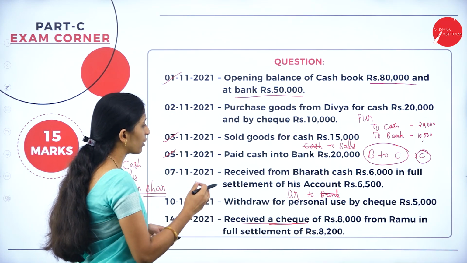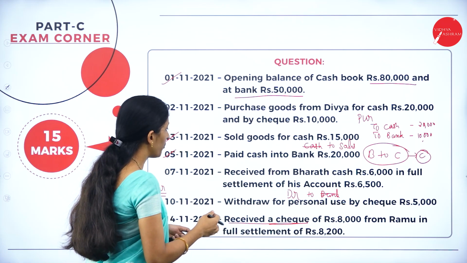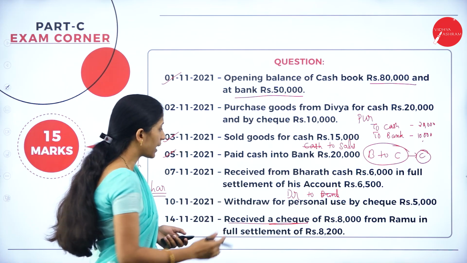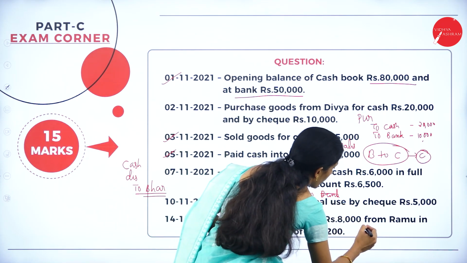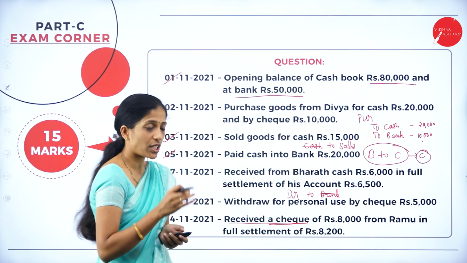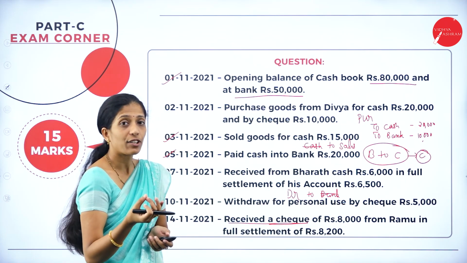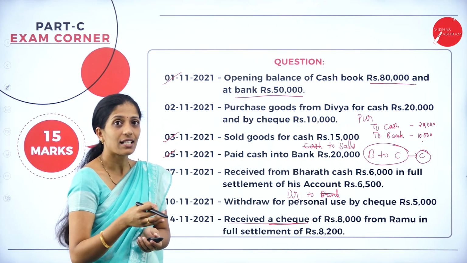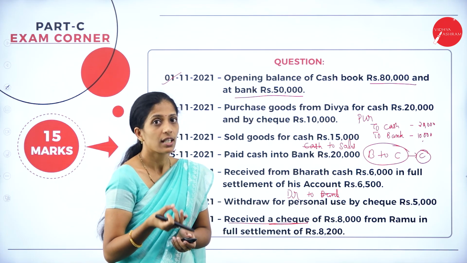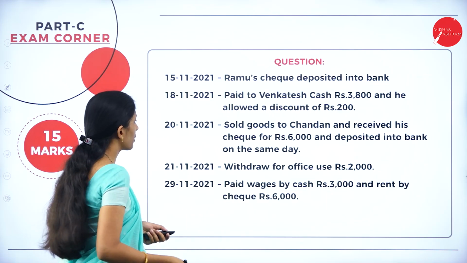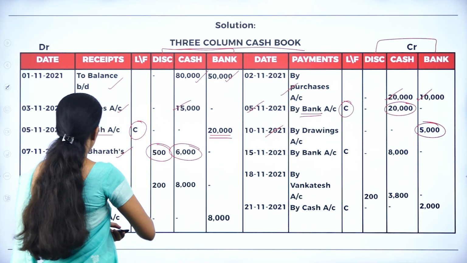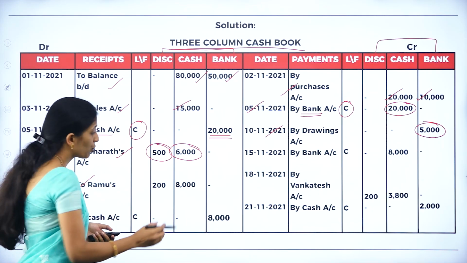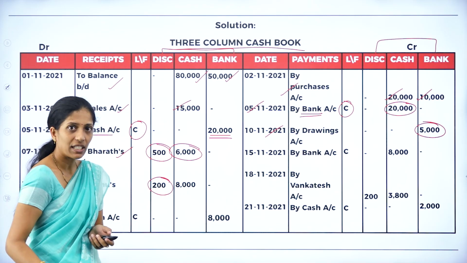Your entry is received a check of rupees 8,000. So he had to give 8,200, but he has given only 8,000. In the sense, we have allowed him what? Discount. So how do you record in your triple column cash book? That is to Ramu's account, 200 we have given him as discount.